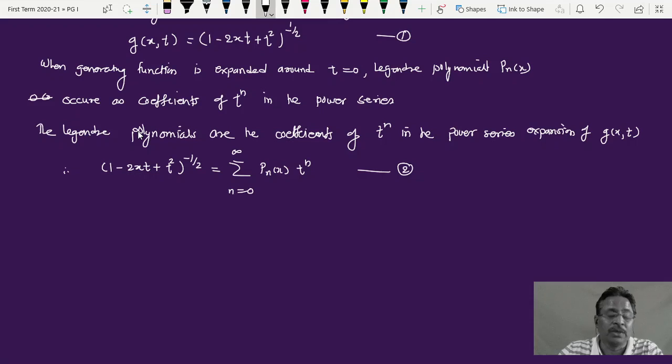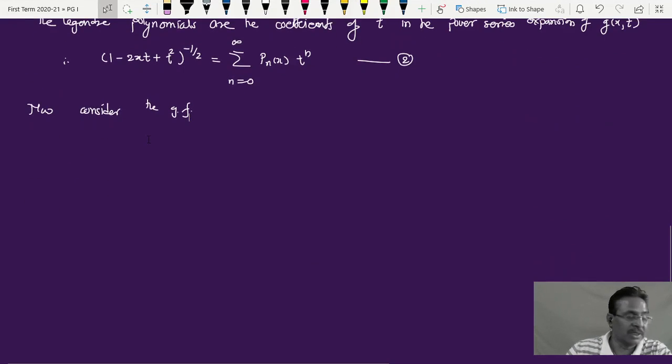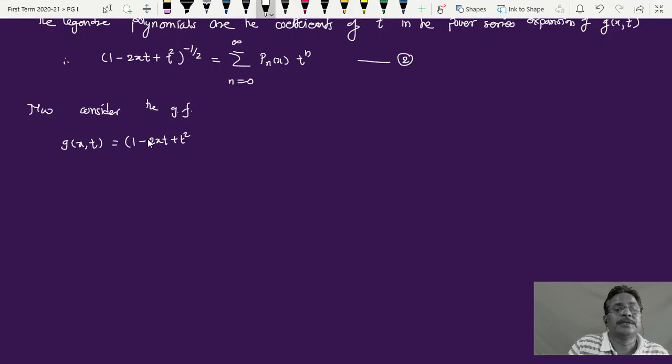So let's do these things as follows. Now consider the generating function. Here we will require some knowledge of earlier mathematics. G of x, t is given by (1 minus 2xt plus t squared) raised to minus half.